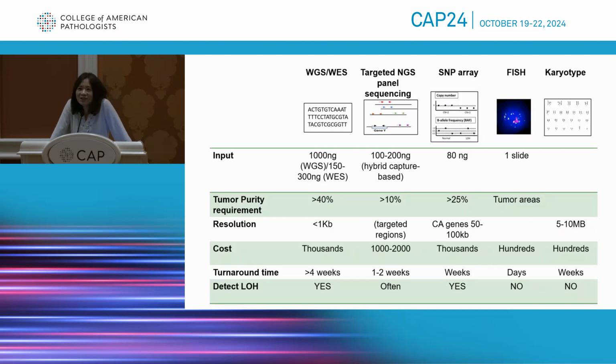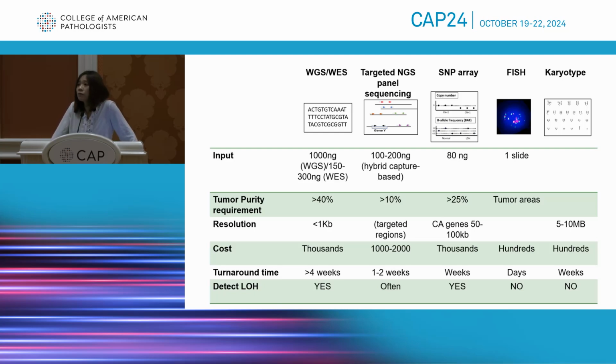So this is, again, a summary of some of the methods that you can potentially use to identify copy number changes. First, we are going fancy. We're talking about whole genome, whole exome sequencing. To identify copy number changes, because we are using a pooled sample, you really have to have a significant percentage of tumor cells for you to see that change through whole genome sequencing or whole exome sequencing.